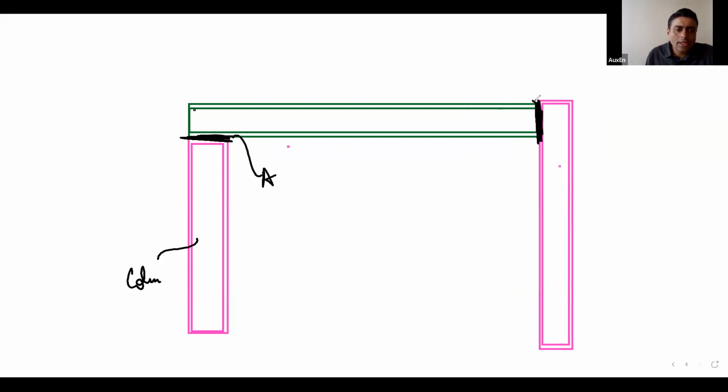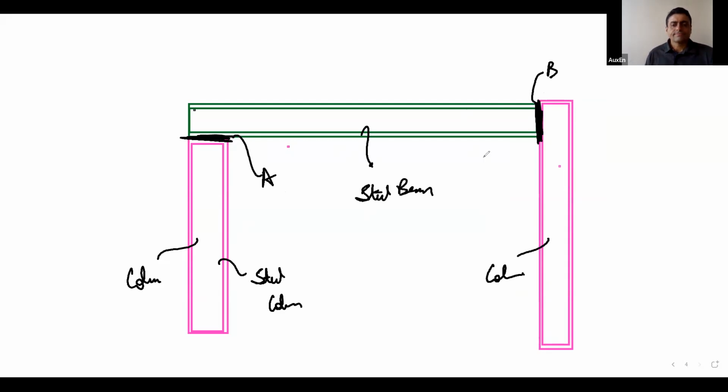So do you think this connection A and B will be the same or different? What do you think? I hope you are able to imagine. This is my steel column, this is the elevation, this is my steel beam, and this is the column. So connection type A and connection type B, of course, will be different.